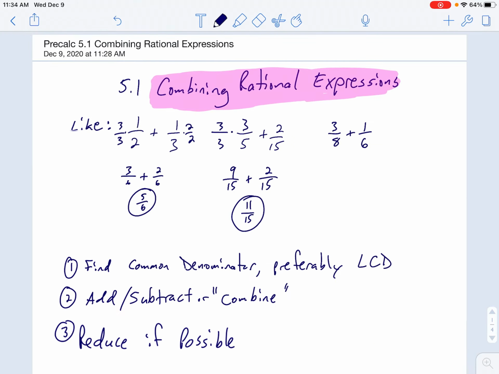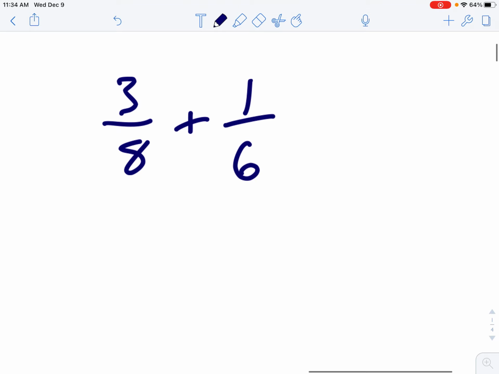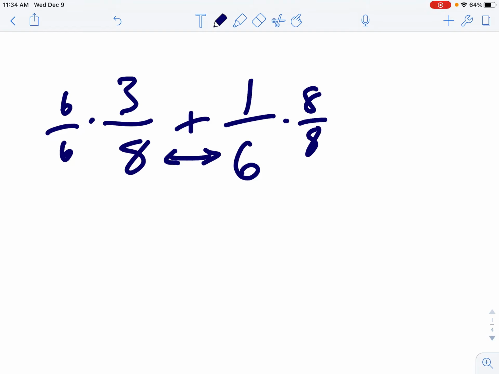There it is. And then this last one, again, you could multiply these together. 8 times 6 is 48, so you multiply this one by 6 over 6, and this one times 8 over 8. That will work eventually, but 48 is not the least common denominator. There's another number that 8 and 6 will both divide into, and that would be 24.